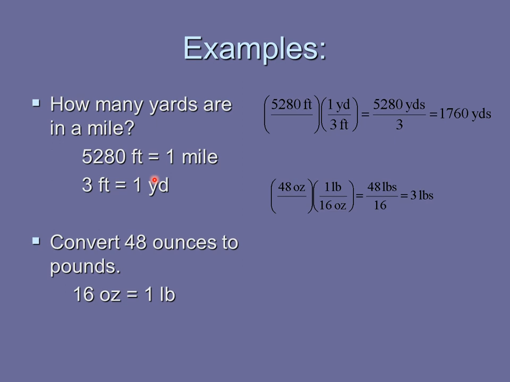So to make the conversion factor between mile and feet, I'll make a fraction. Remember, it's a fraction, right? So I have to write the mile in either the numerator or denominator, and feet in the numerator or denominator.